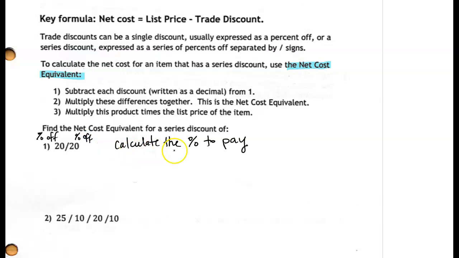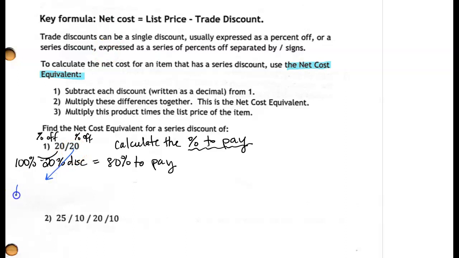Okay. What we want to look at is calculating the percent that you would pay. Since 100% is the maximum, that's everything, to calculate the percent to pay, we would take 100% minus the 20% discount to get our 80% to pay. And then with the second one, let me use a different color.